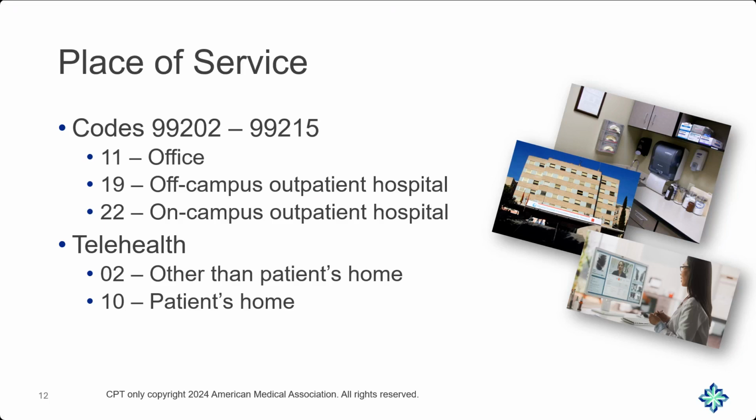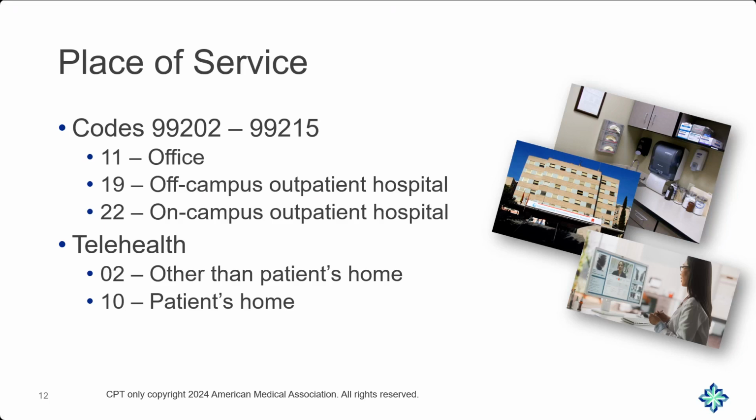We also allow place of service codes for telehealth: 02 is when the patient is somewhere other than their home, and 10 is when they're in their home. You need to make sure you're utilizing these place of service codes appropriately.